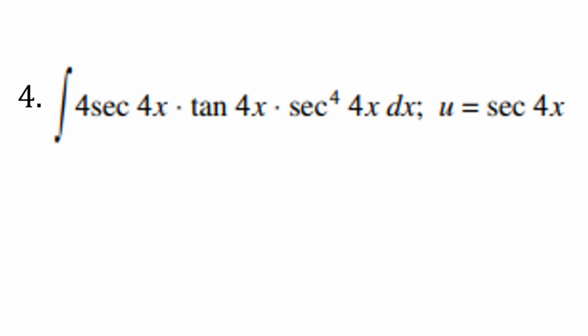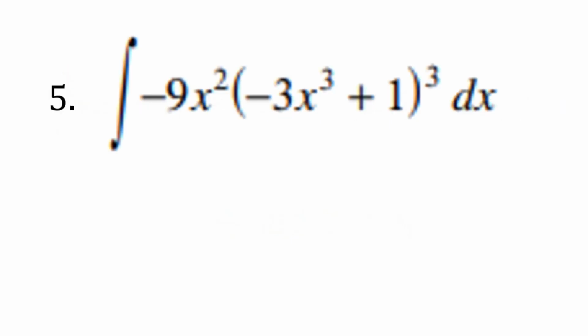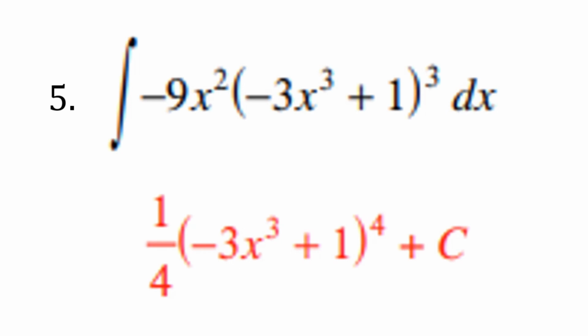Our u is secant 4x. So this will be our answer. Number 5, negative 9x squared times (negative 3x cubed plus 1) raised to 3 dx. I will not be giving you the u anymore, okay? But still, I'm going to give you the answer.